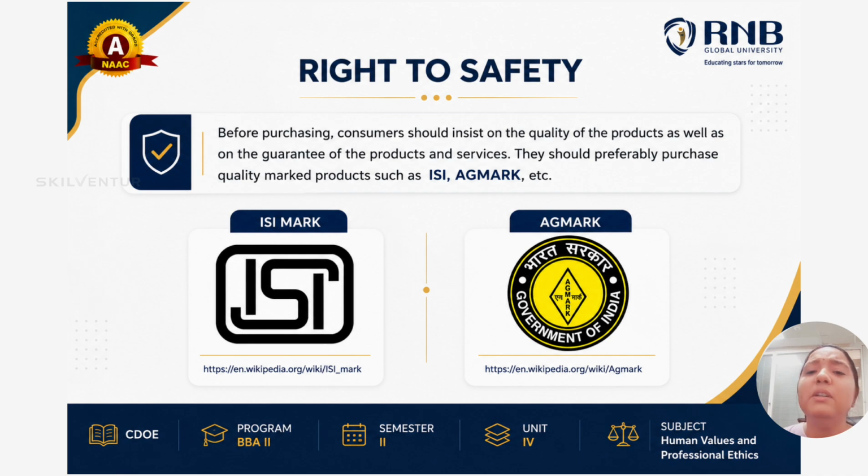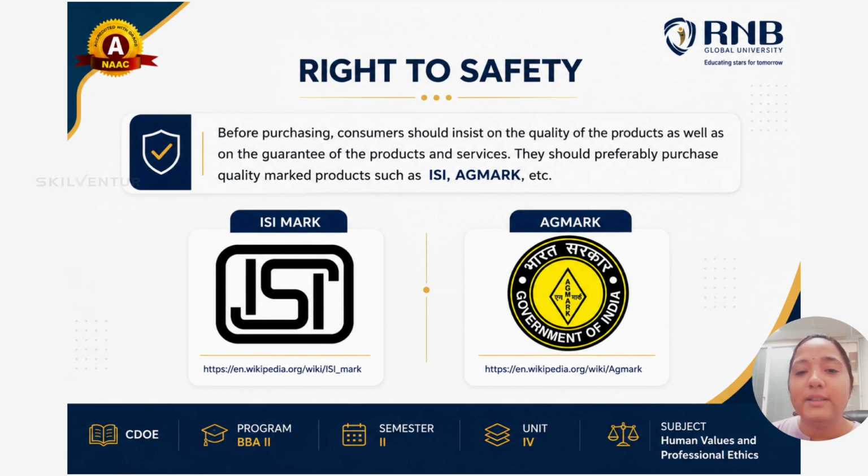By choosing products with these marks, consumers can reduce the risk of purchasing harmful or low quality products, and it also encourages manufacturers to maintain high standards. Therefore, being careful and aware while purchasing is an important responsibility of every consumer to ensure safety and long-term satisfaction.